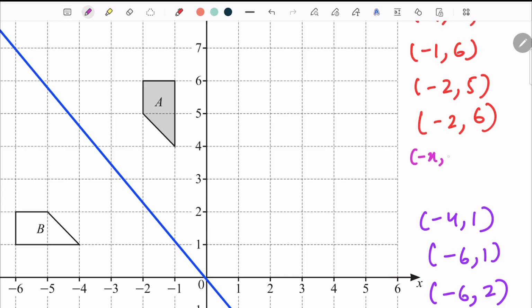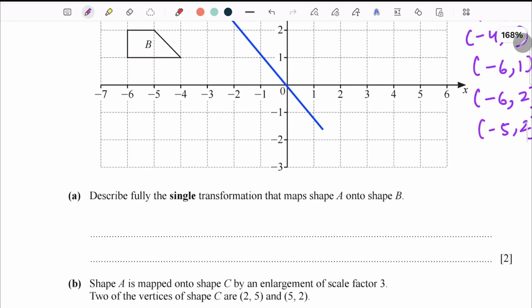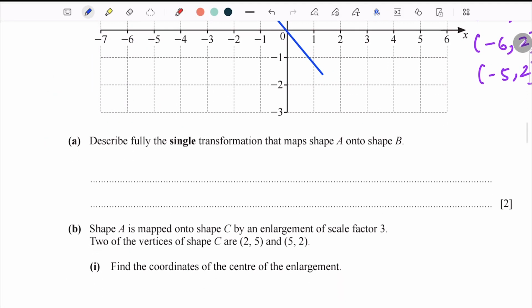This is minus x comma y. It will convert into minus y comma x. The sign remains as it is. Only the numbers will be switched with each other. So I'm going to write this down. This is basically reflection in the line y is equal to minus x.